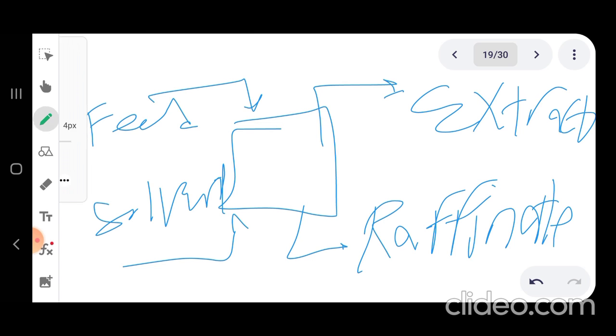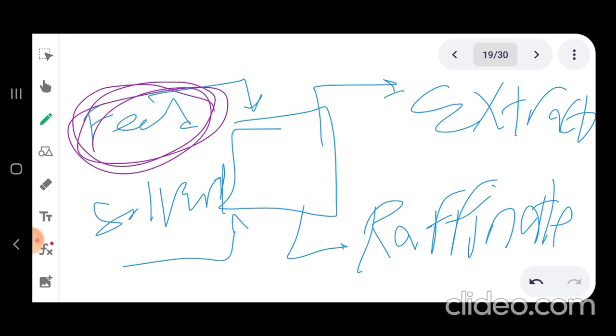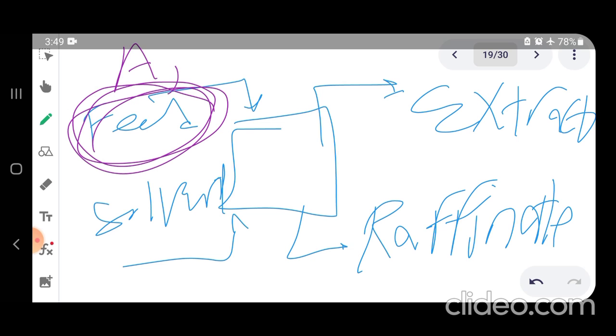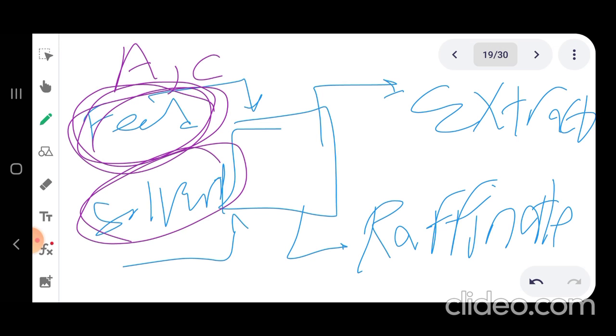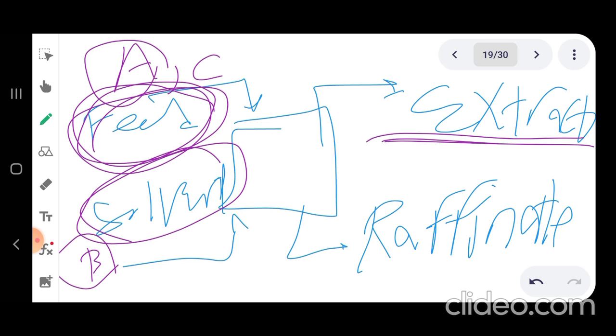Again, this feed contains mainly solute and carrier, in other words A and C. This solvent contains mainly B, and it could have some finite small quantities of the other components. And then this extract, what happens, this B will attract the solute A, so this extract contains mainly A and B. And then this raffinate contains mainly C, the carrier.